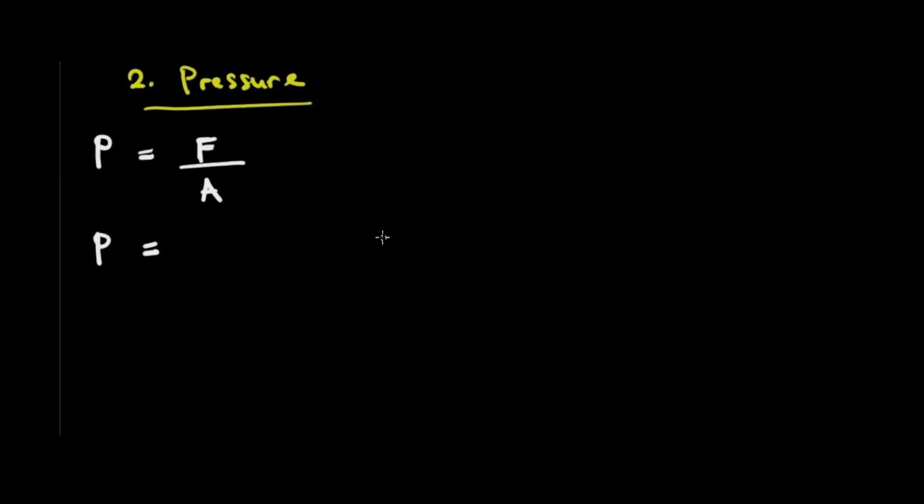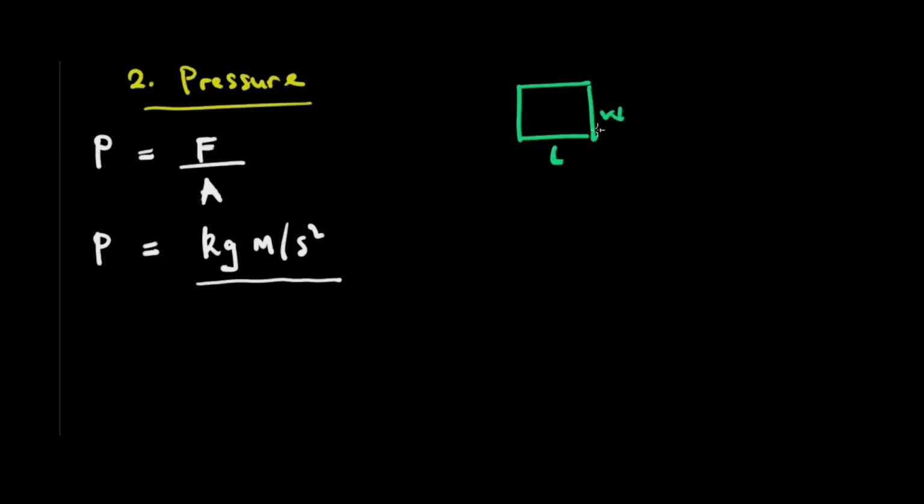We already know that the derived units of force are kg meter per second squared, divided by, what about the units of area? We know that the area of a shape is found through length multiplying width, meaning we are just multiplying 2 dimensions.